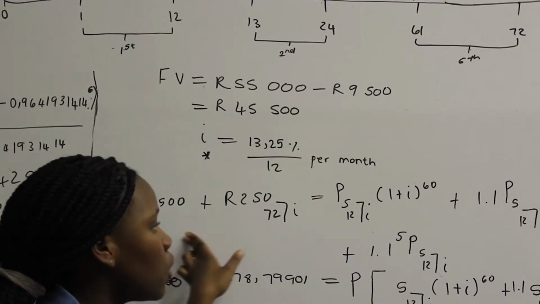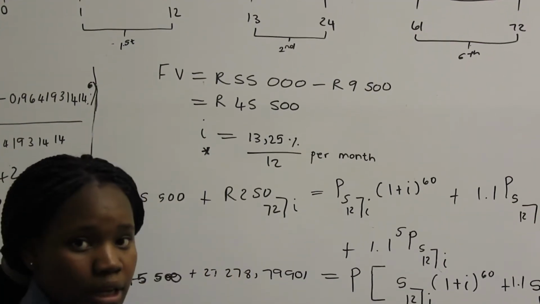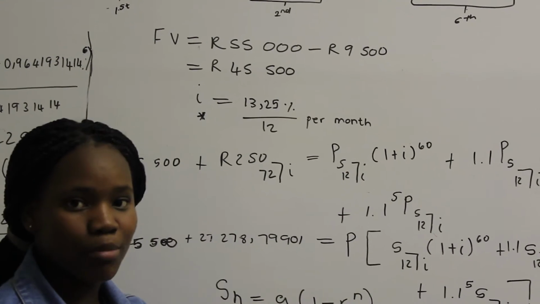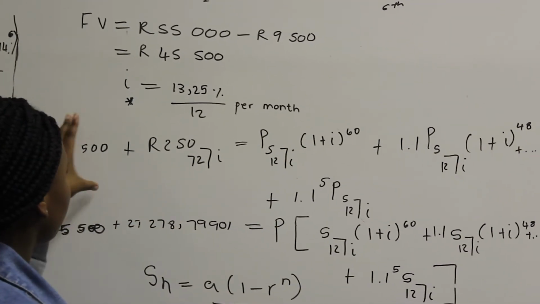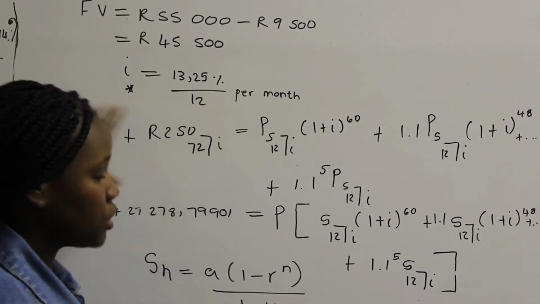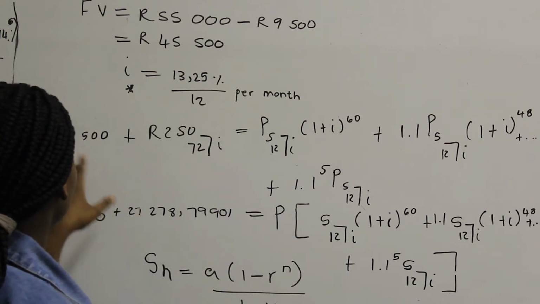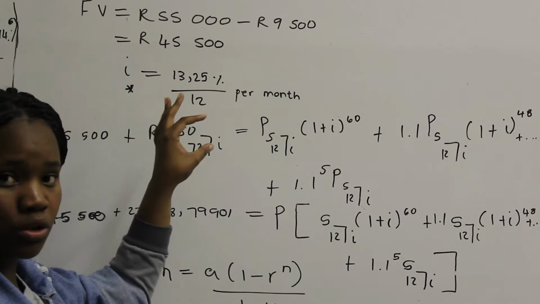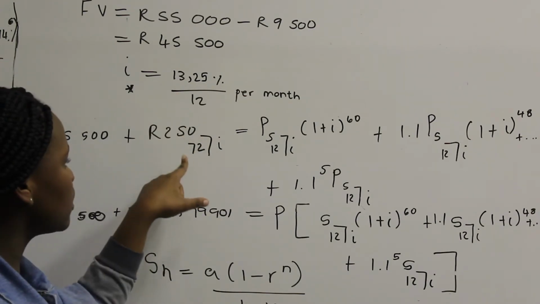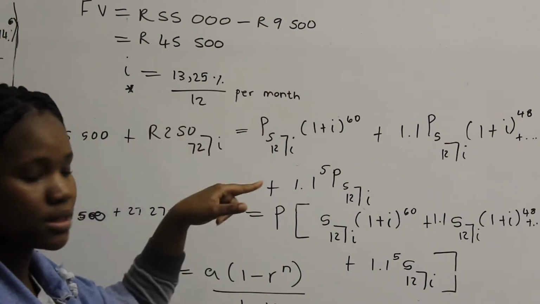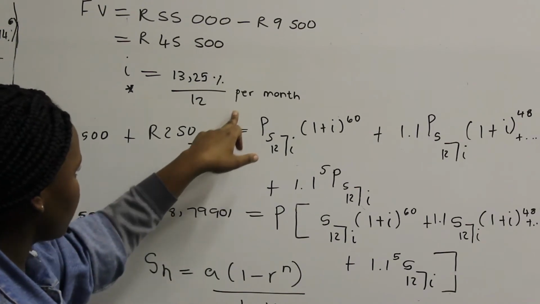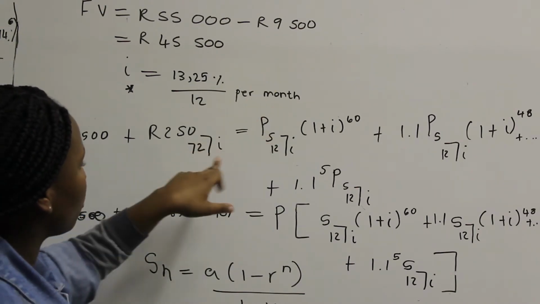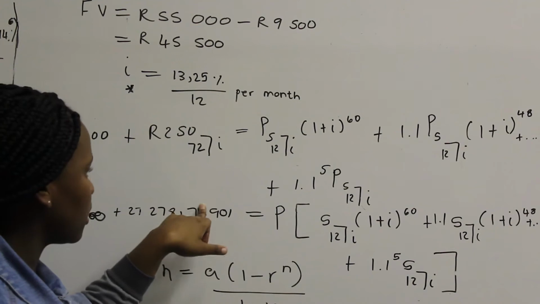Because it's an annuity and the 250s are paid every month, this will act as our future value. So it will be 45,500 plus the annuity of the 250, and it's 72 because it's 72 months. That's why your interest and your months need to correspond.